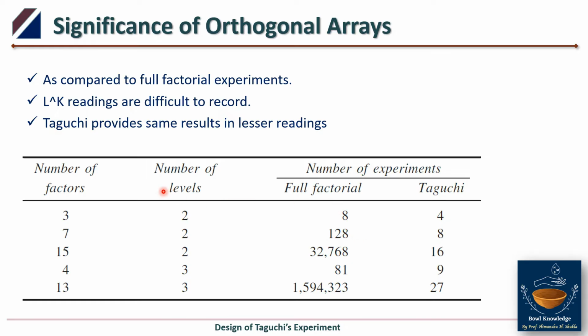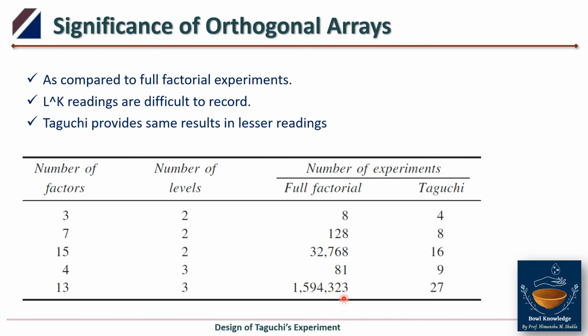So if you go on increasing the number of factors, your required number of observations goes on increasing exponentially. So if I compare the last row, if I have 13 factors and if I go for full factorial experiment, I have to conduct the experiment this many times.